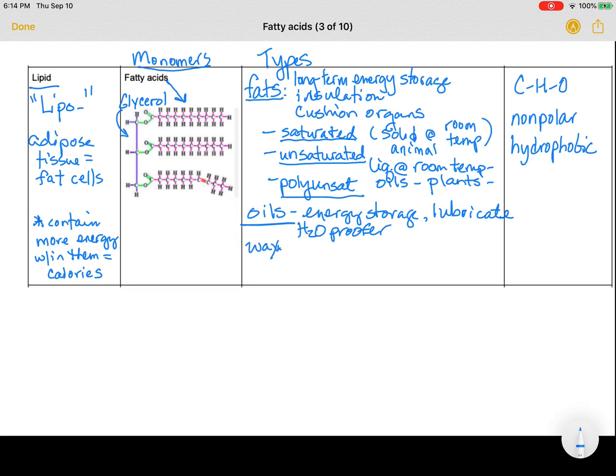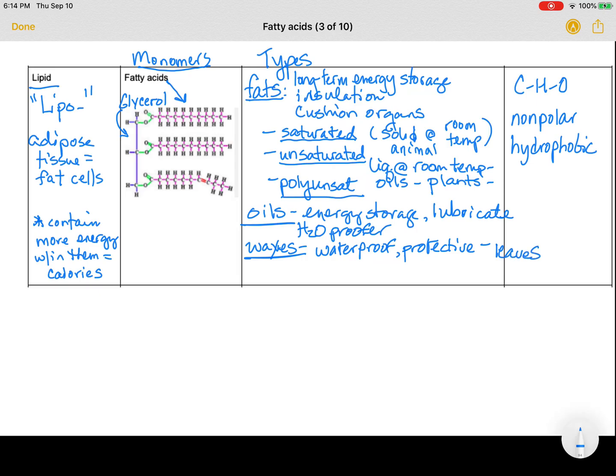Okay, we have waxes, which can be structurally beneficial for animals like bees when they make the wax. And for a home, we also know that they're waterproofers. And they're a protective type of substance, especially for leaves of plants.